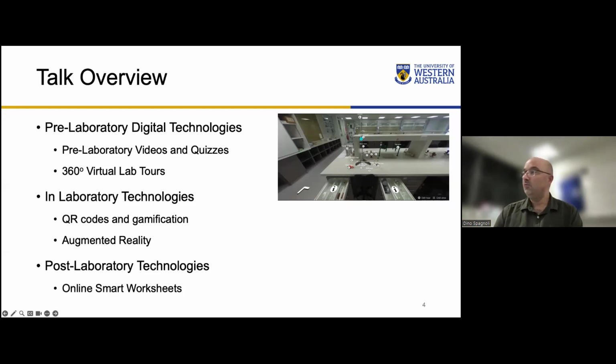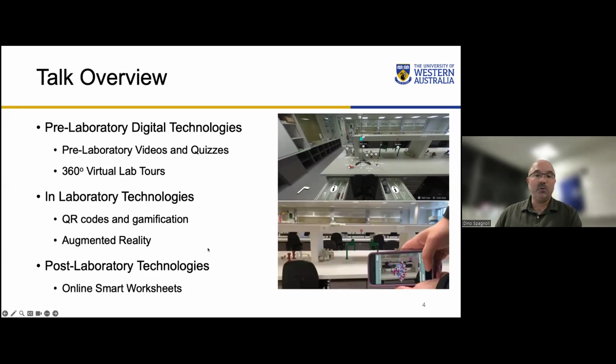These are the three areas where we can get students to think about their laboratory before they come, while they're doing the laboratory, and also where we provide some kind of assessment, which is normally in the post-laboratory area. So I'm going to be talking about these three areas.